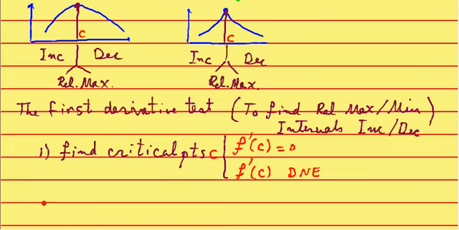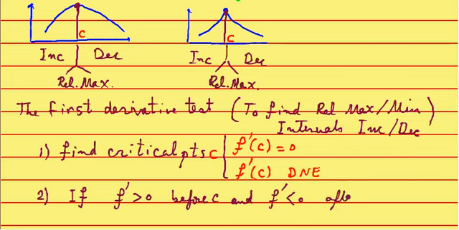Say, in step 2, if f prime is positive before C and negative afterward, like that.